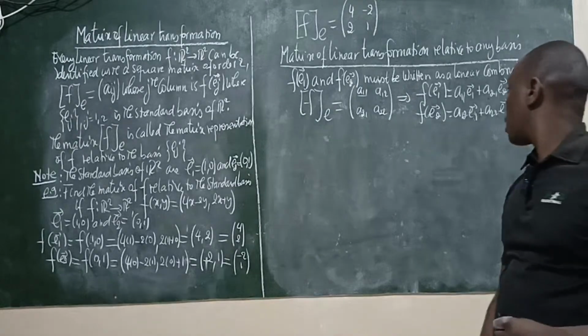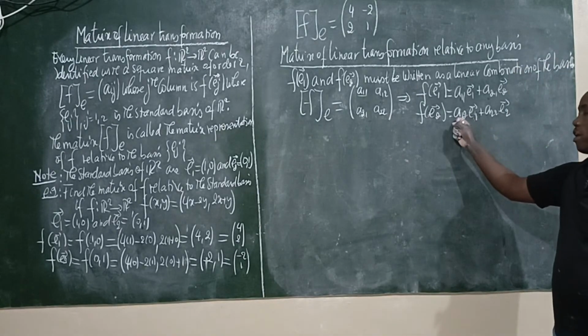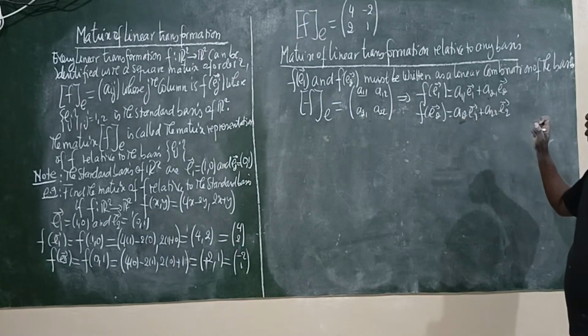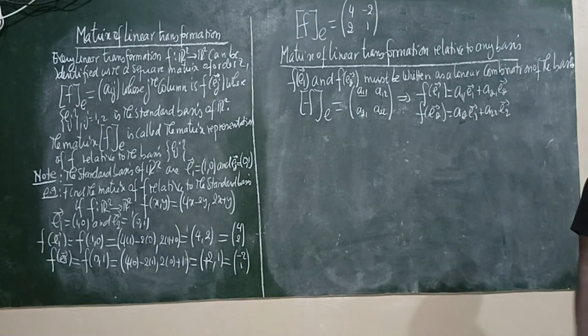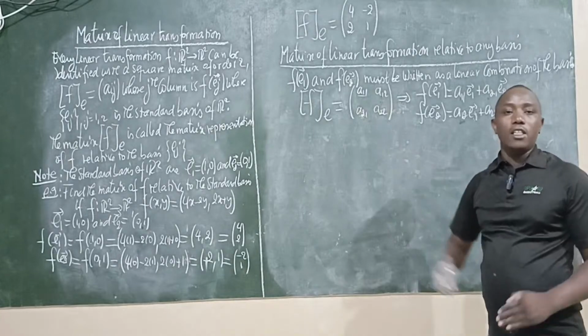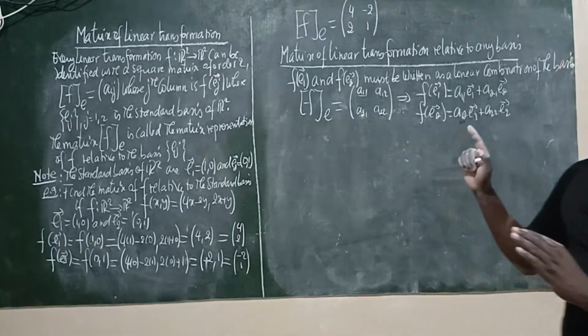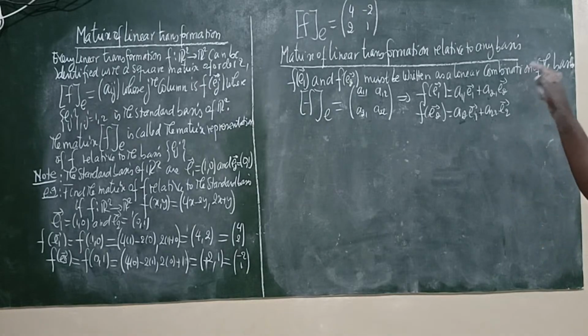Now, even here, you will be finding the value of a12 and the value of a22. After getting them, all values of a's will be put here. That is how we find the matrix representation of f relative to any basis.